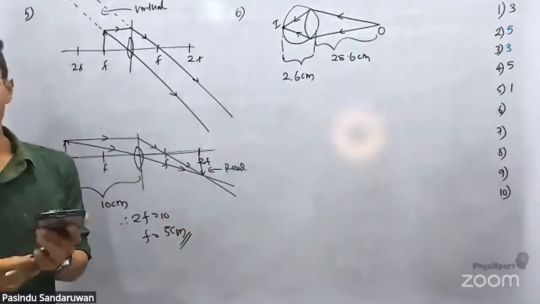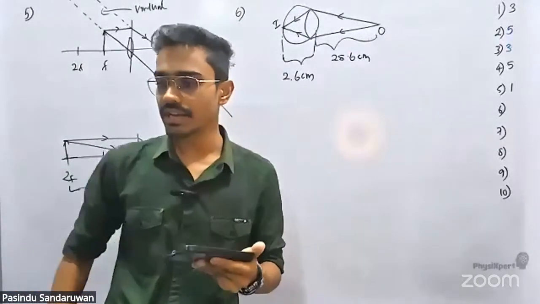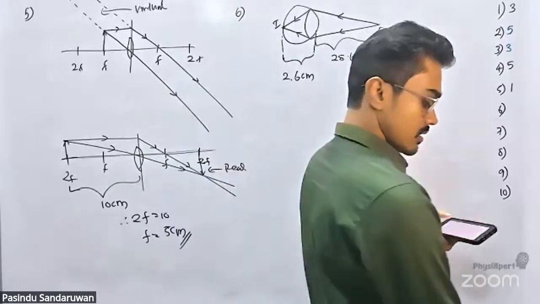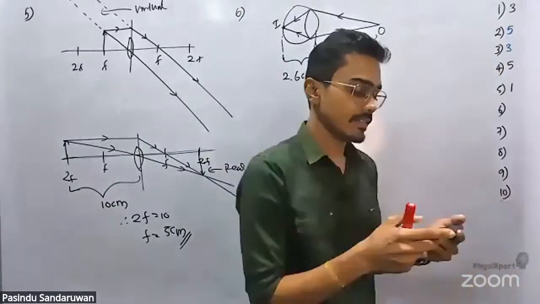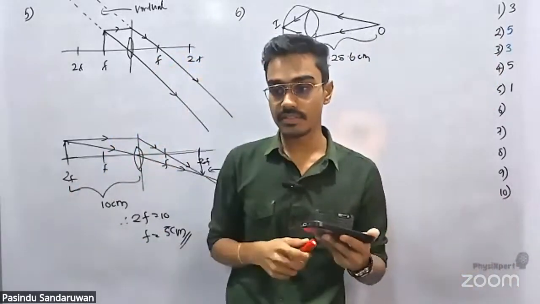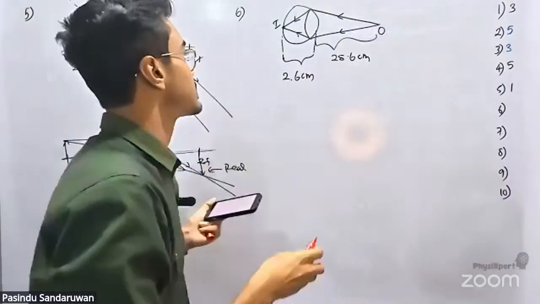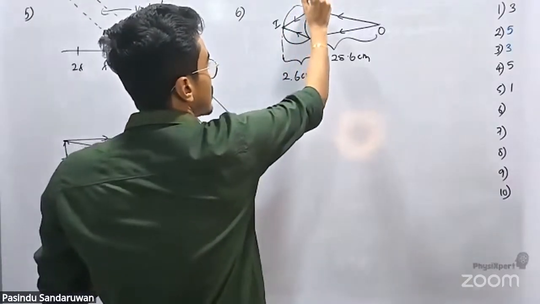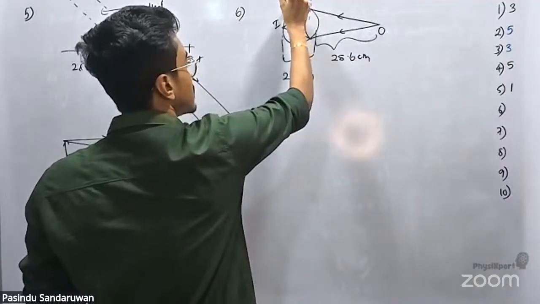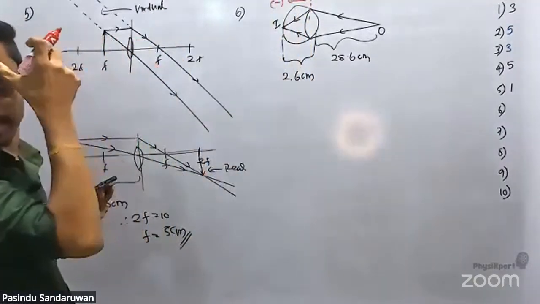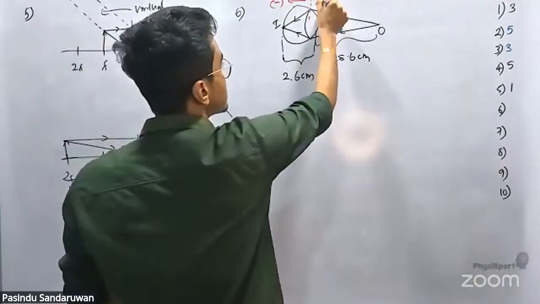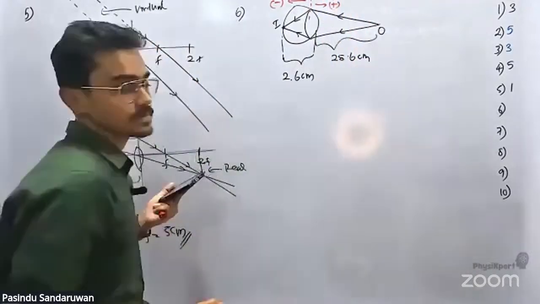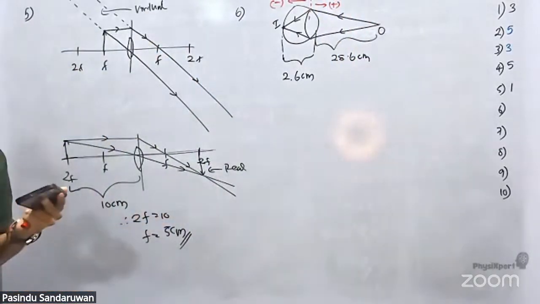Now we need to use the lens formula to do the calculation. So you know we have a sign convention in optics when using the lens formula. Sign convention is: any direction measured along the direction of light is minus, and the opposite direction to the direction of light is plus, right?